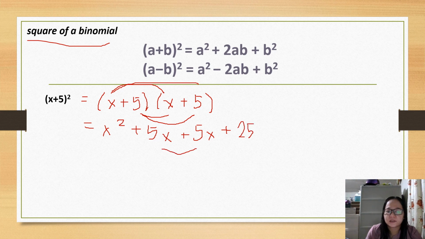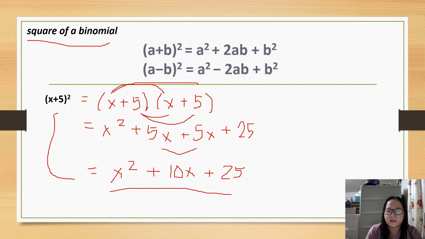Combining like terms, we have 10x. Bring down x squared. Bring down 25. The product is x squared plus 10x plus 25. That is if we use the long method, which is the FOIL method.